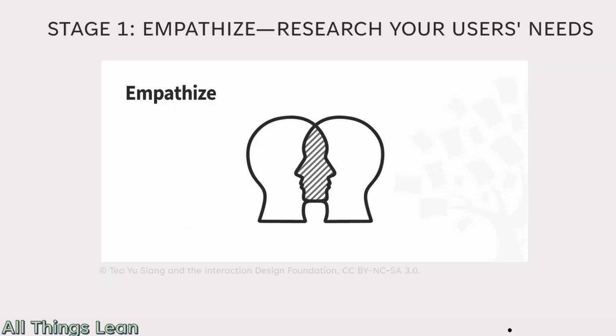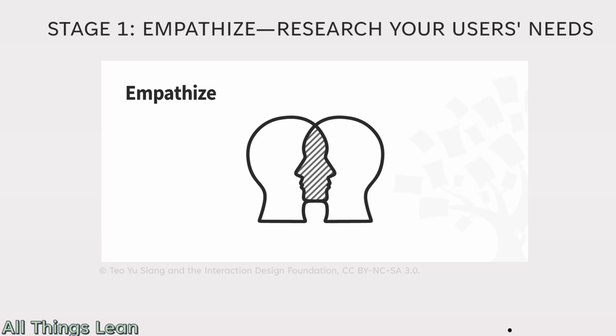Empathize, the first phase of design thinking, where you gain real insight into users and their needs. The first stage of the design thinking process focuses on user-centric research. You want to gain an empathetic understanding of the problem you're trying to solve.